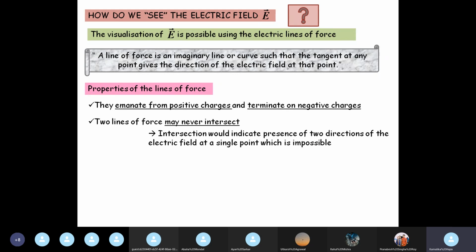At the point of intersection of two lines, there will be two tangents. So at a single point, two tangents indicate two directions, which is impossible. So intersection would indicate presence of two directions of the electric field at a single point, which is impossible, which is why two electric lines of force will never intersect.